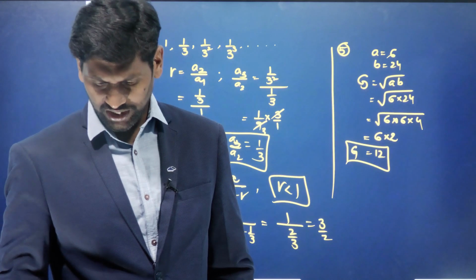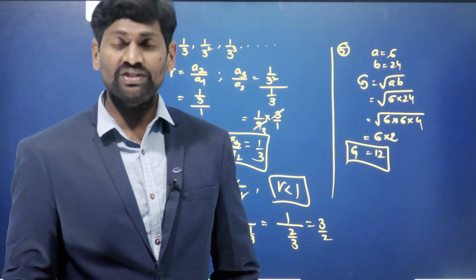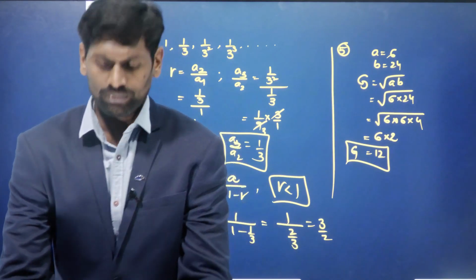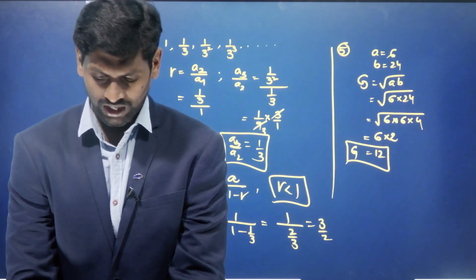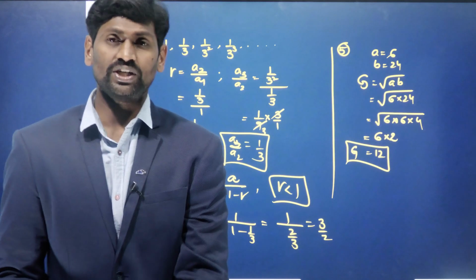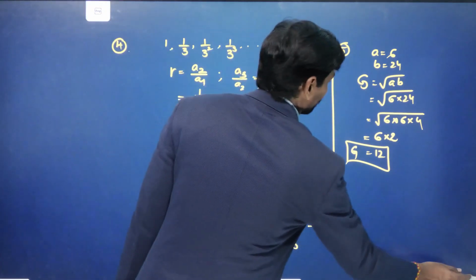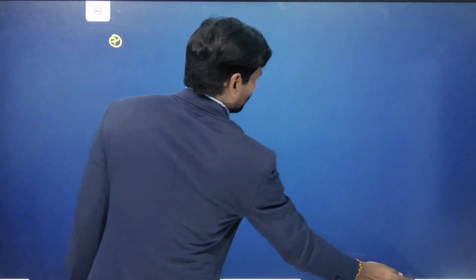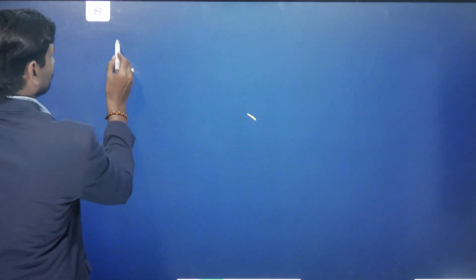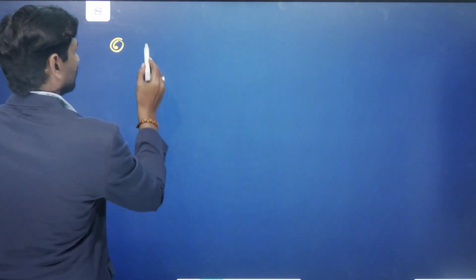Yeah, 5 sums completed. Now let us go to problem number 6. In a harmonic progression, if the second term is 3 by 5 and the third term is 1 by 2, the second term and third term of the harmonic progression are given.